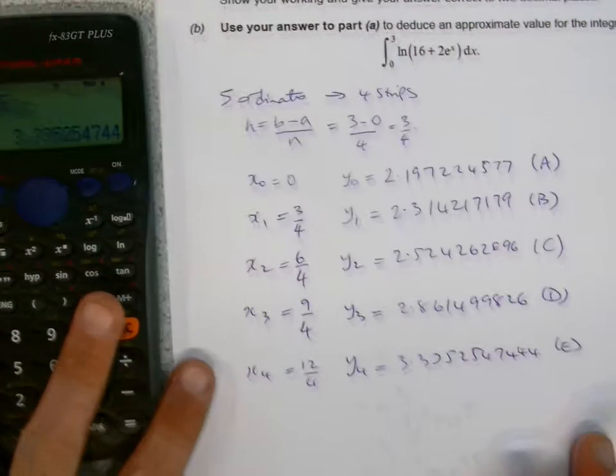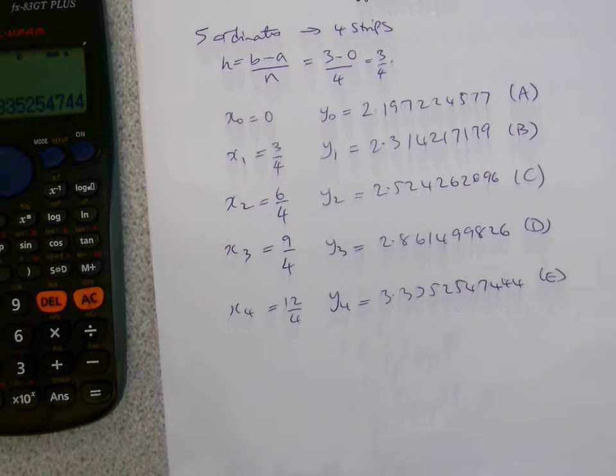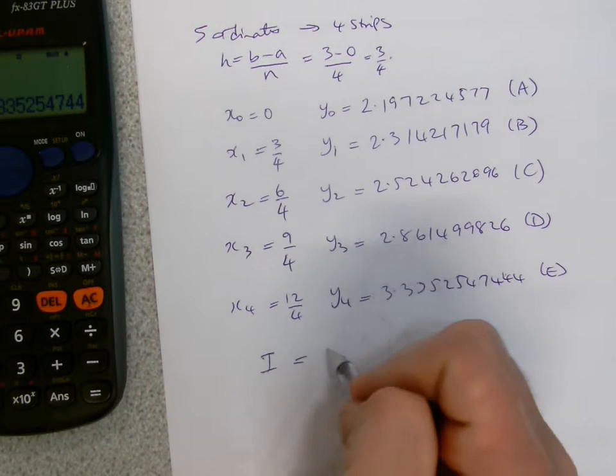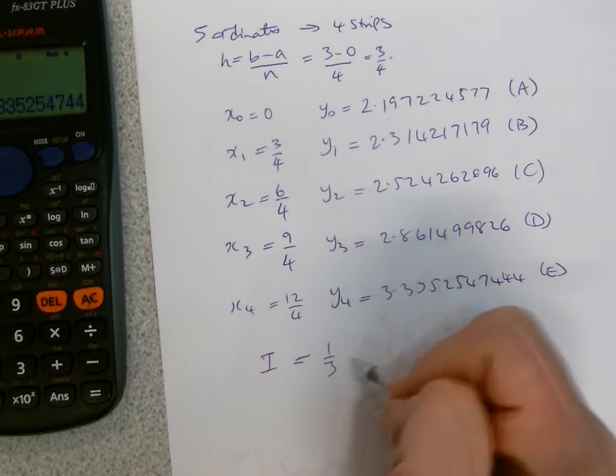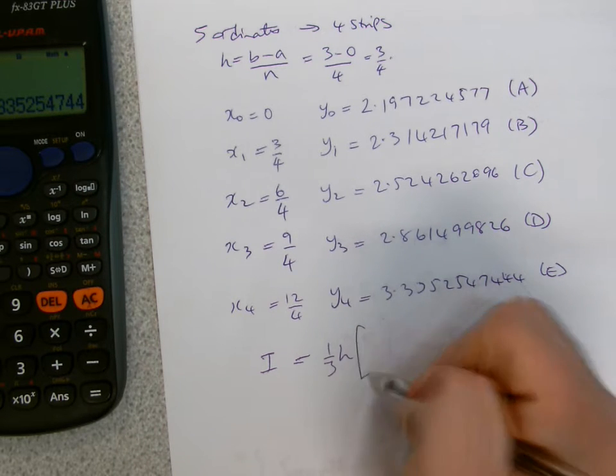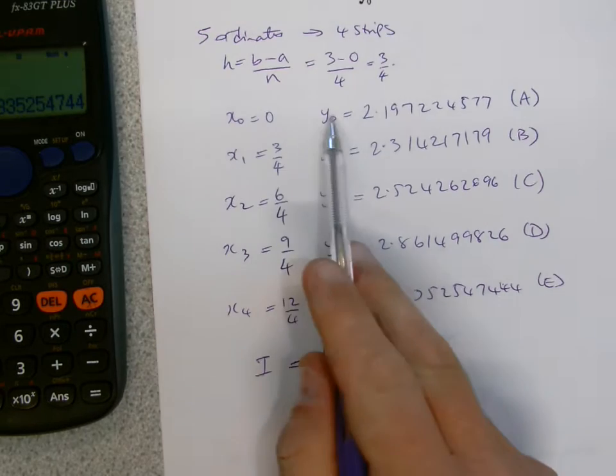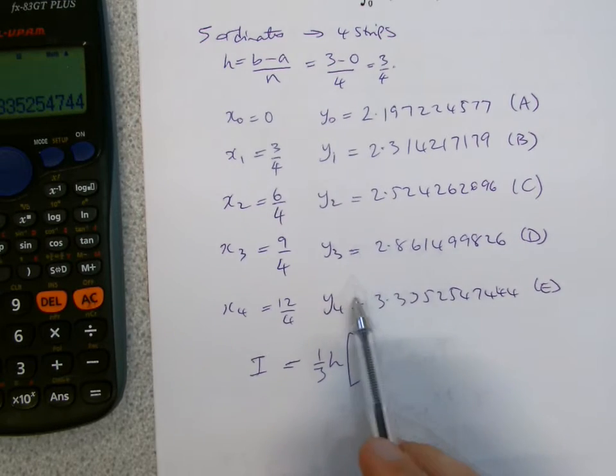So then when it comes to the Simpson's rule, okay, if you remember the Simpson's rule, it's the integral. Now the Simpson's rule quite simply is approximately equal to 1/3, isn't it, the h, okay, and then you've got the first term and the last term, okay, first and last.